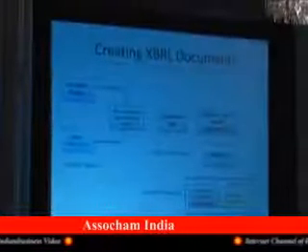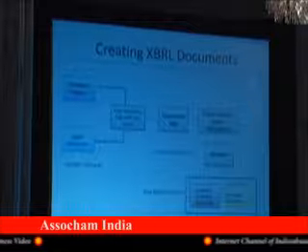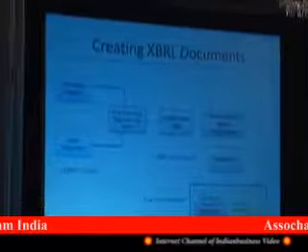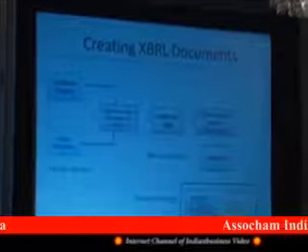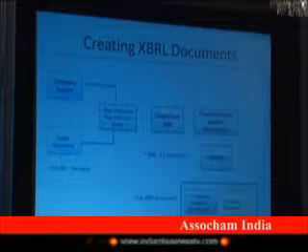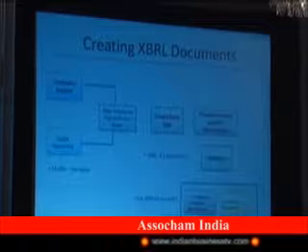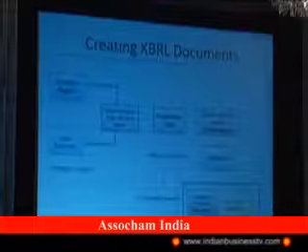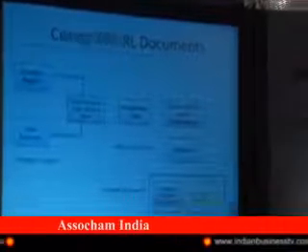What does the taxonomy do? Taxonomy will say that fixed assets means plant and machinery, livestock, like this. Current assets means sundry debtors, advances. Investments means investment in shares, debentures, government securities.